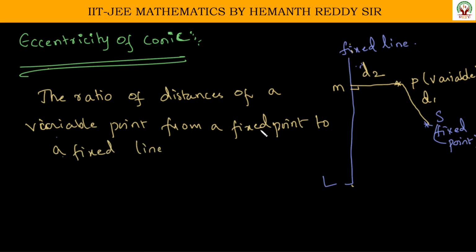You observe, note something here. First comes the point, then comes the line. First the distance from the point, then comes the distance from the line. The ratio of distances of a variable point from a fixed point to a fixed line is eccentricity of a conic. It's called eccentricity of a conic.